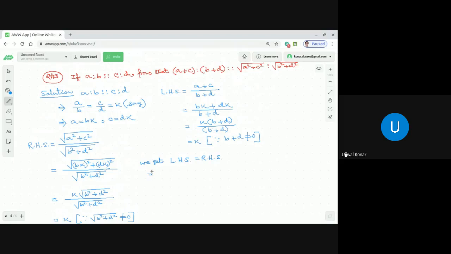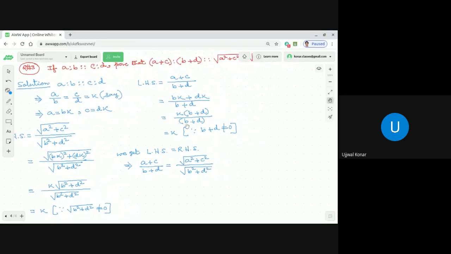This implies that (a plus c) divided by (b plus d) is equal to square root of (a square plus c square) divided by square root of (b square plus d square). So this is also an important property. You can assume this is also a property.